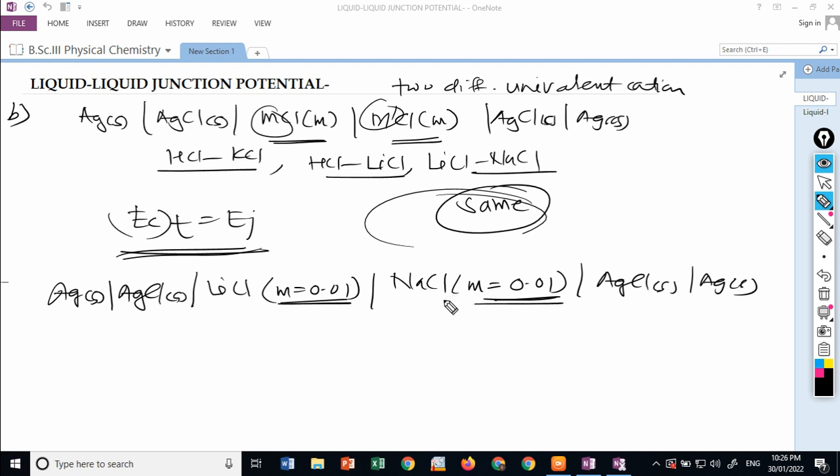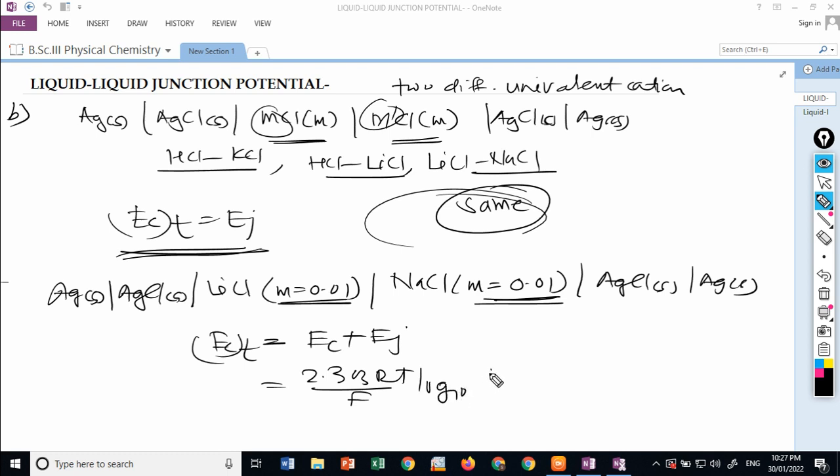So the total EMF is given by the EMF of the cell with transference is equal to the EMF of the cell plus the liquid junction potential. So this is equal to 2.303 RT divided by F log to the base 10 A1 upon A2, plus the liquid junction potential. This equation we have already seen, this is equation number 8.